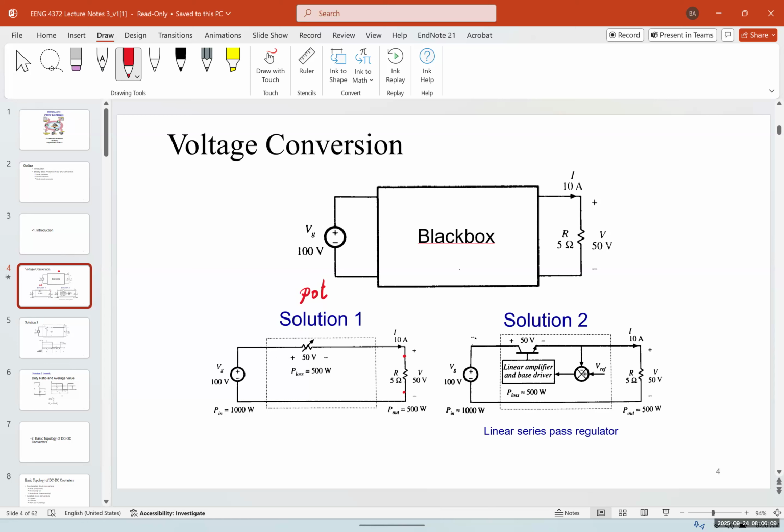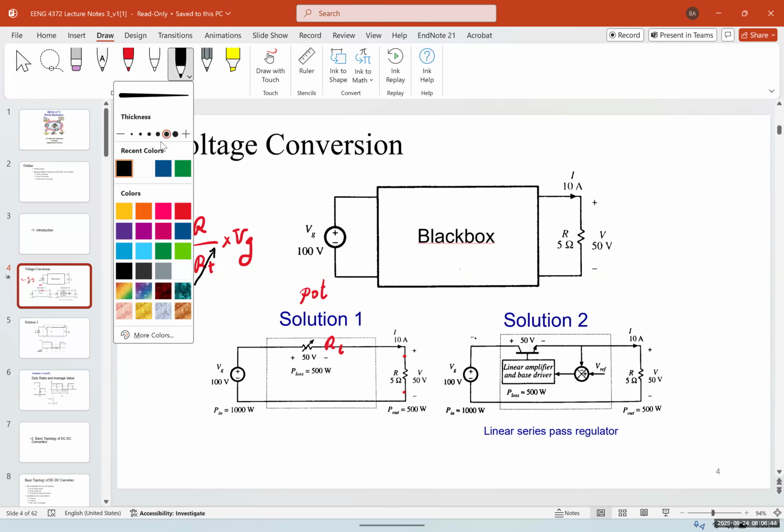So for this particular case, V out would be equal to R over, I'm going to call this RT, over RT times Vg, V of the generator. And by adjusting this R, I can adjust the output voltage.